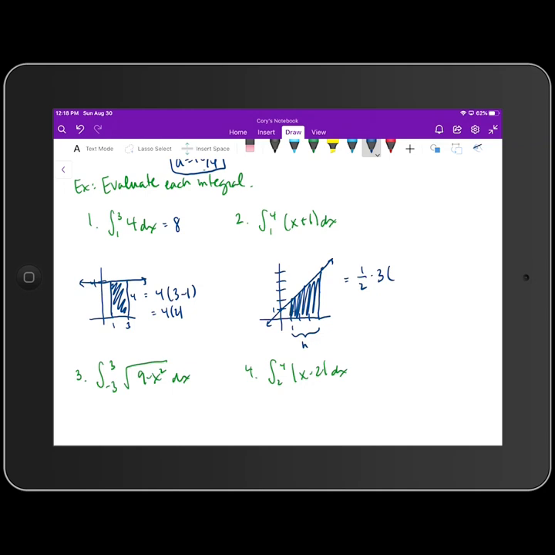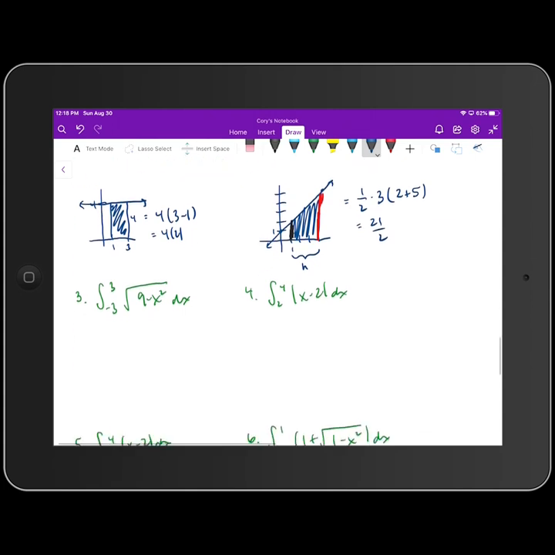And then our shorter base is going to be this segment here in black, which is going to be 2, plus our longer base is going to be this segment here in red, which is going to be 5. So 2 plus 5 is 7, times 3 is 21, and then we're dividing that by 2. So that area is going to wind up becoming 21 over 2.